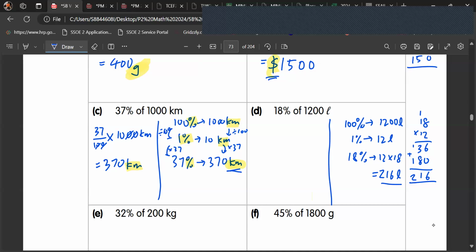So this is using the rate method. Then with the fraction of a whole number, you realize because you can do this, you can simplify, which will get you the same answer as well.